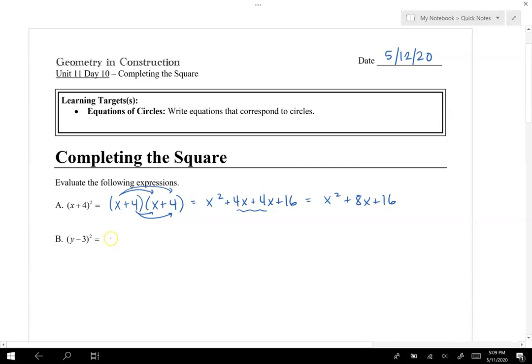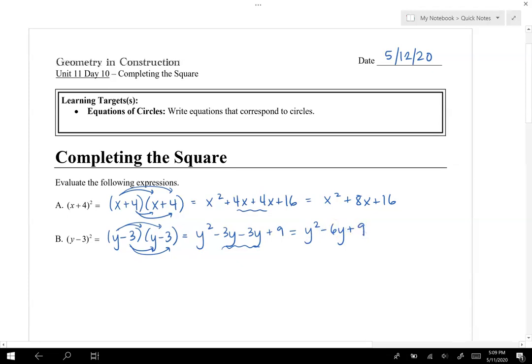Okay? Now, when I do that again here for y minus 3 squared, I'll get y squared and then minus 3y minus another 3y plus 9 when you multiply the negative 3's together. And so if you add those like terms, you get y squared minus 6y plus 9.